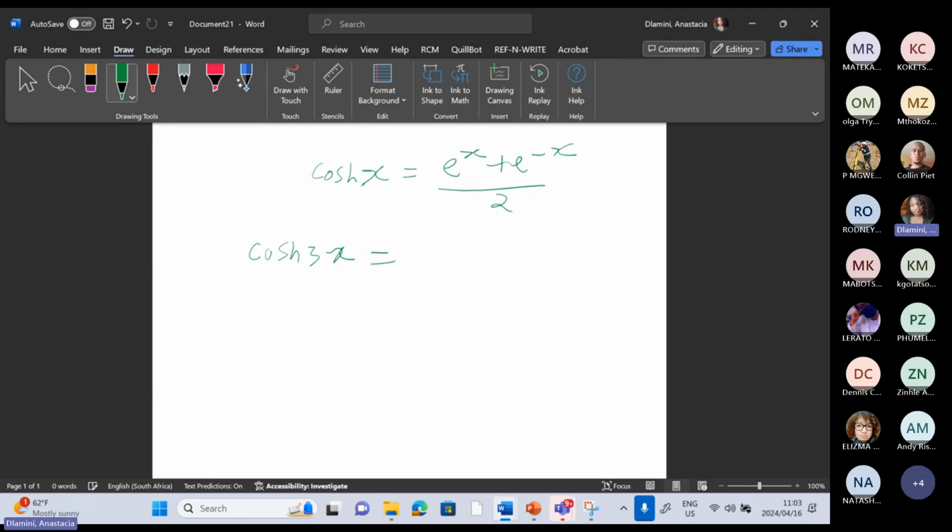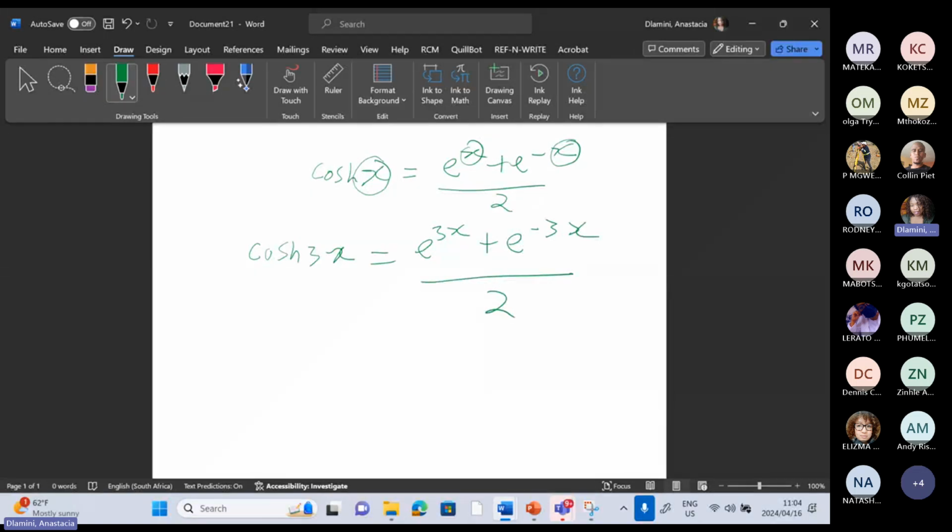Meaning that where we see x, we'll put 3x. So the hyperbolic cosine of 3x will be equal to e to the power of 3x plus e to the power of negative 3x over 2.